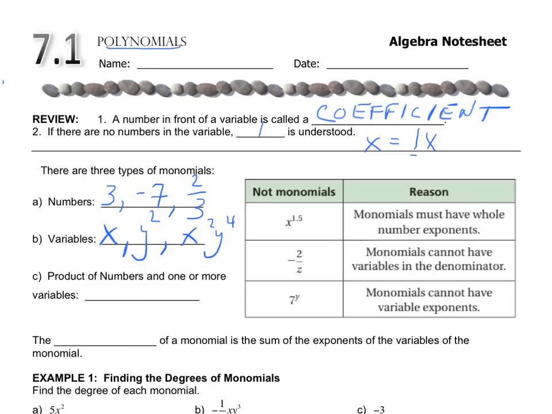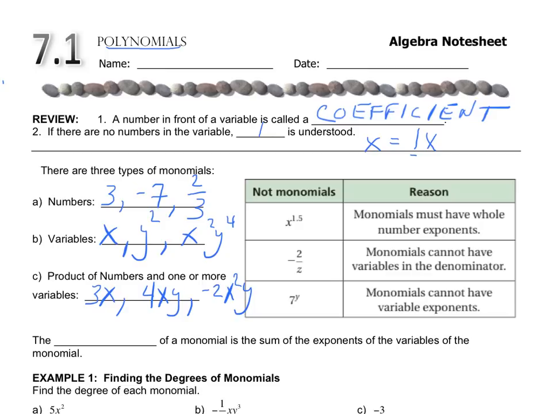Then we also have the product of numbers and one or more variables. For example, 3x would be a monomial, a number times x. We could have 4xy. We could also have -2x squared y. So a number and one or more variables.